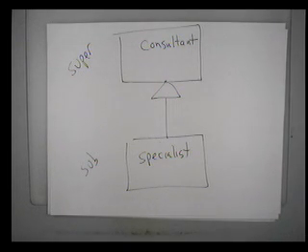Now, the only differences between a consultant and a specialist is that a specialist has a specialty. All right? A specialist has their pay rate calculated in a different manner.